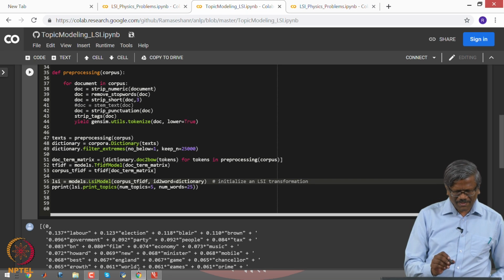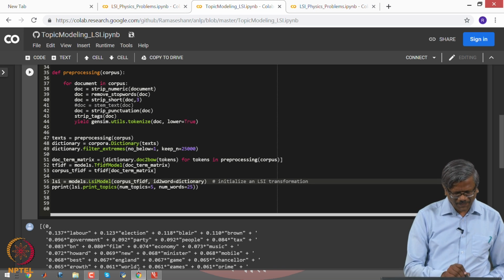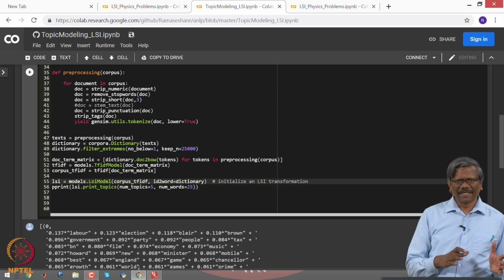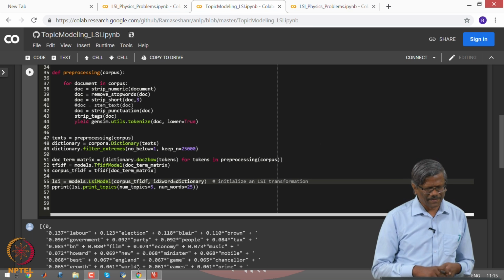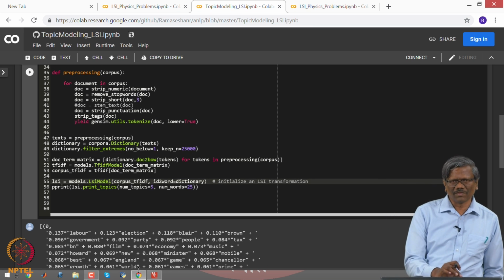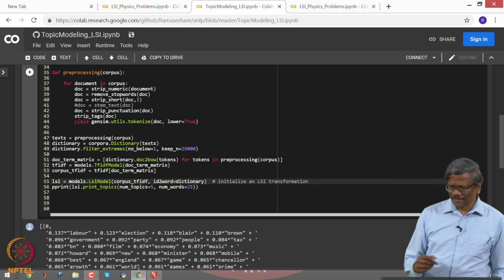Then I am going to strip words which are smaller than or equal to 3 characters, and I am not stemming it. I am removing the punctuations. If there are any tags available as part of the document, those are also removed. So, the pre-processing does all these tasks and then returns a set of tokens.